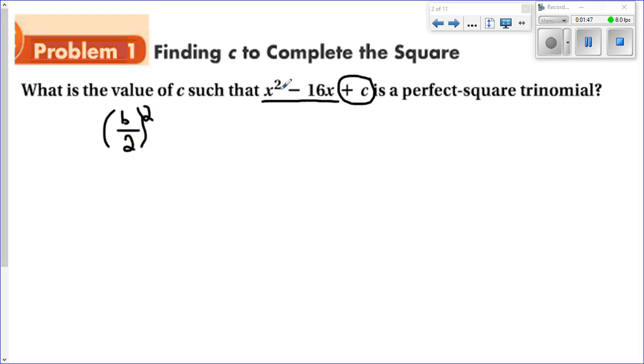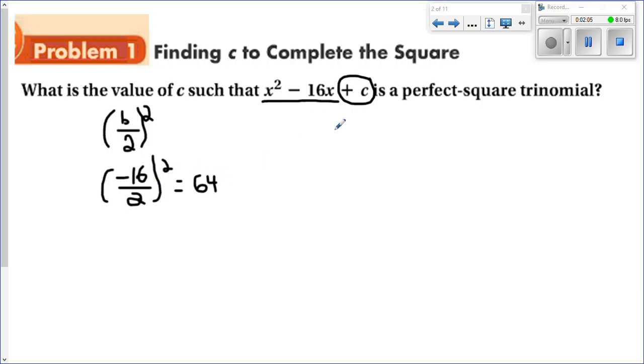So b in this case is negative 16. So negative 16 divided by 2 is negative 8. Negative 8 squared is 64.